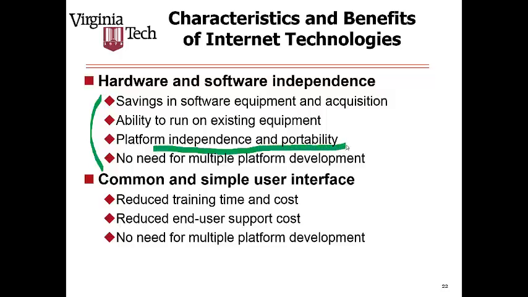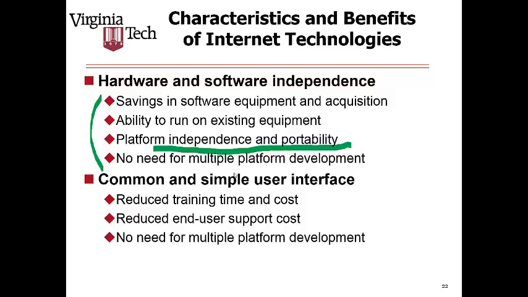Since we write for the web, write for the internet, it's someone else's job to make sure that it runs on the Mac or runs on a BlackBerry or what other device, right? And we get a lot of independence from developing our systems this way. And like I said, these systems are in place in many organizations, even though they're not open to the general public. They're still built on the same internet technologies.